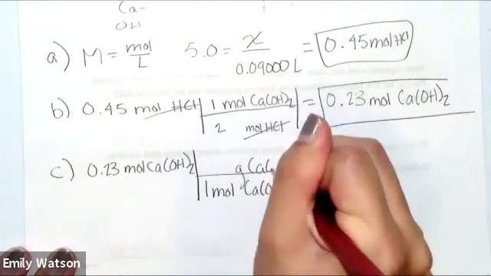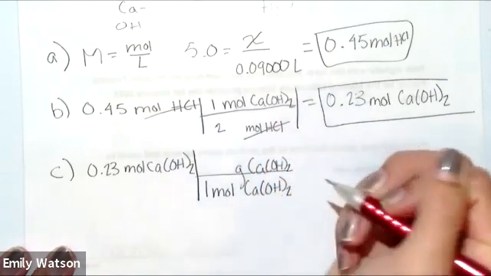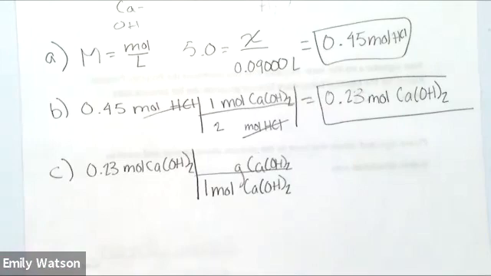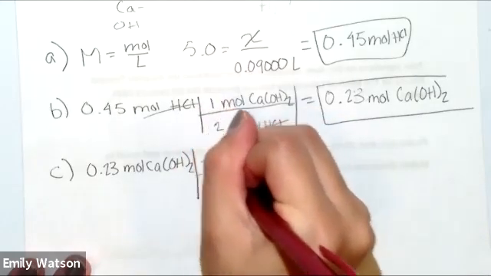Where are you going to find the grams? Periodic table. 74.1 grams.